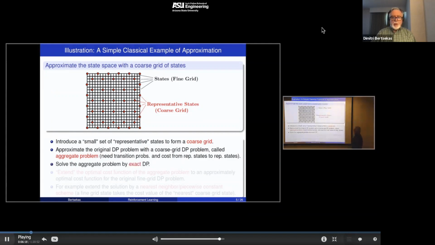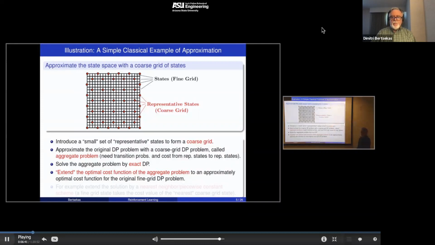Now, suppose we have done that, we can solve the aggregate problem by exact dynamic programming. Because there are fewer representative states, we may consider doing that. Now, after we have obtained an exact cost from the aggregate problem for the red states, we have to extend it to the black states, right? How do we do that?